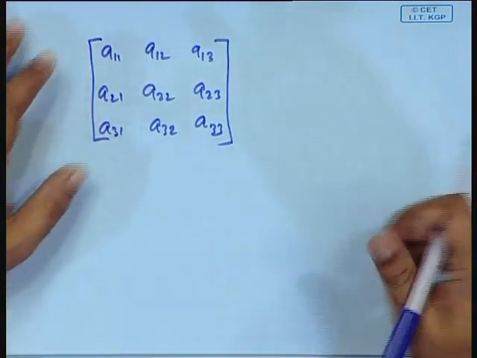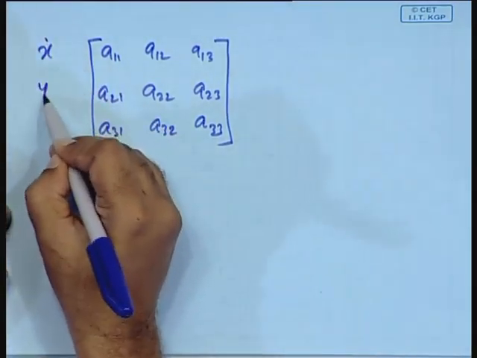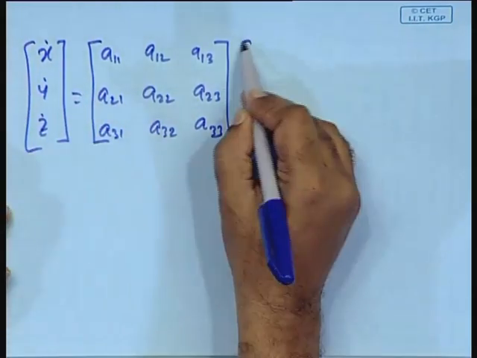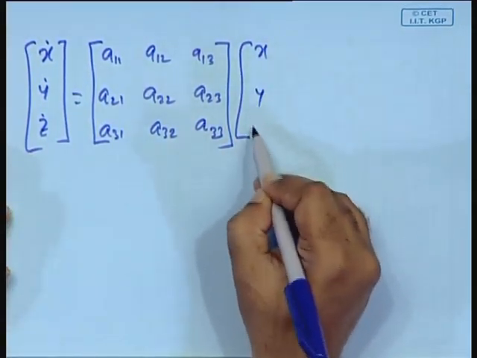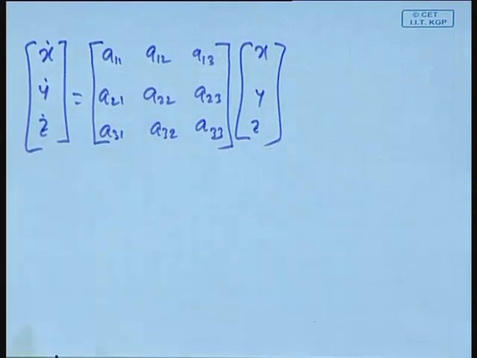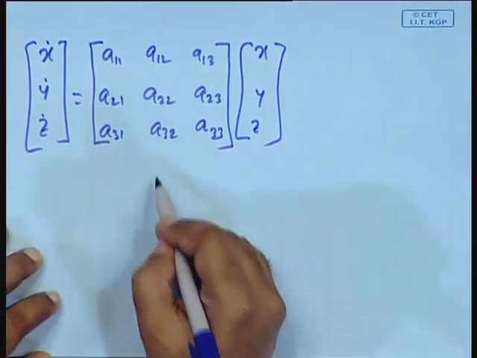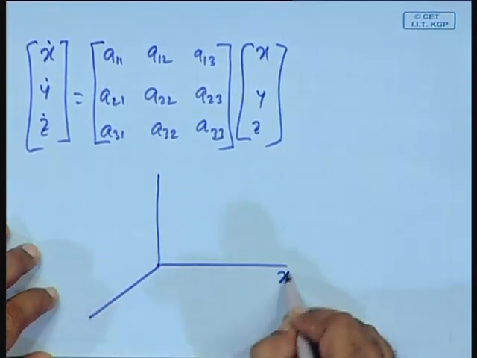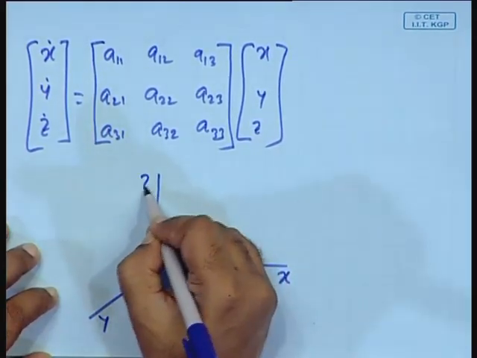A 3 by 3 matrix means x dot, y dot, z dot will be, in the local neighborhood, this will be the equation, which means it will have to be plotted in x, y and z.